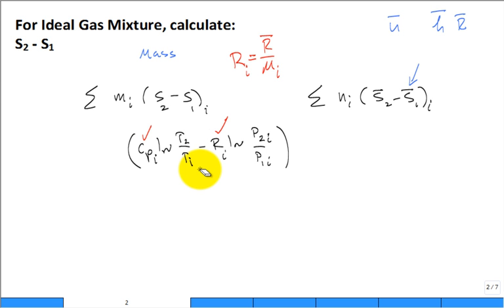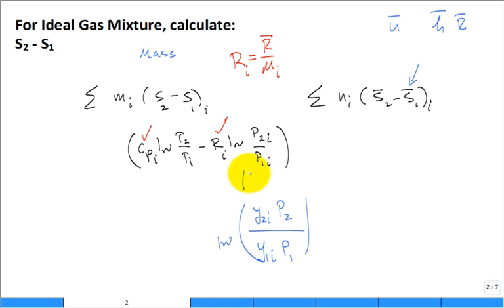But let's look at pressure. Do we have something like the final pressure at state 2 for component I? Yeah, we sure do. And so that stays, and what we find is that it turns into the mole fraction of I at the final state times the total pressure at the final state, over the mole fraction of I at the initial state times the initial pressure, inside the natural log.